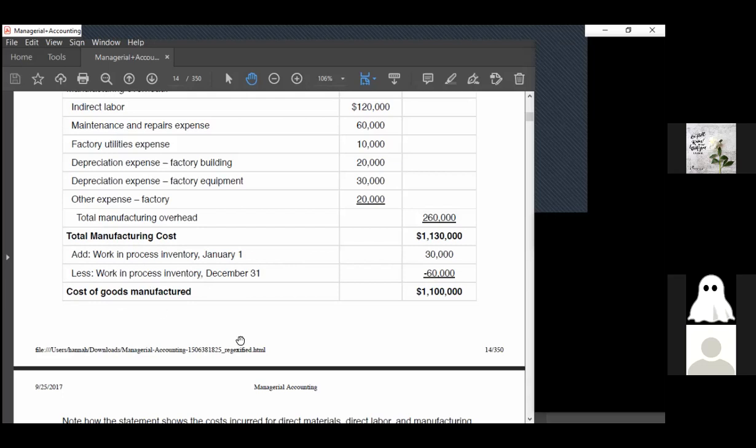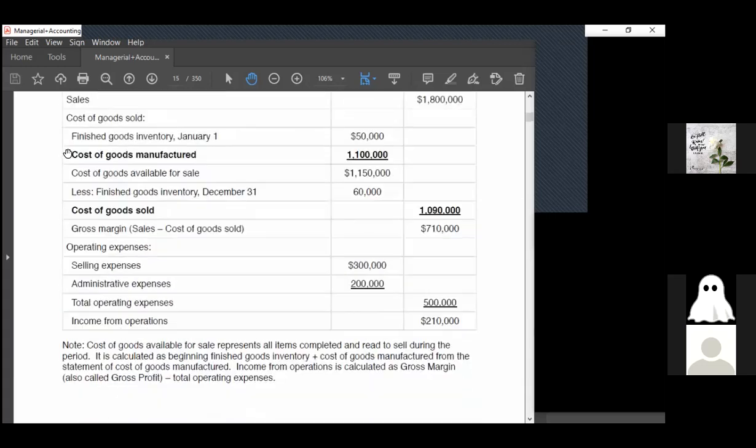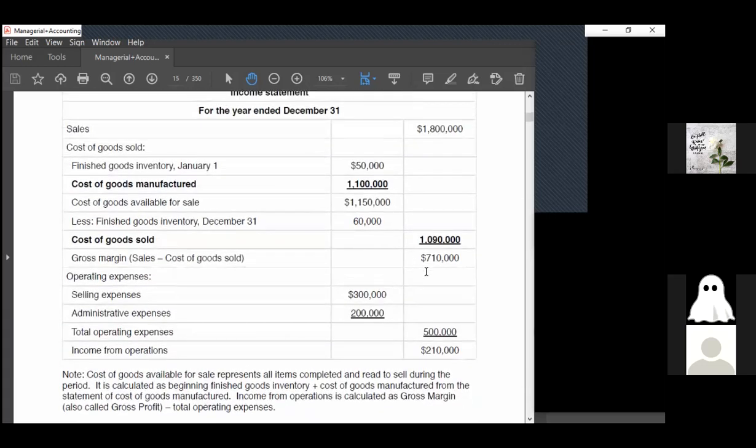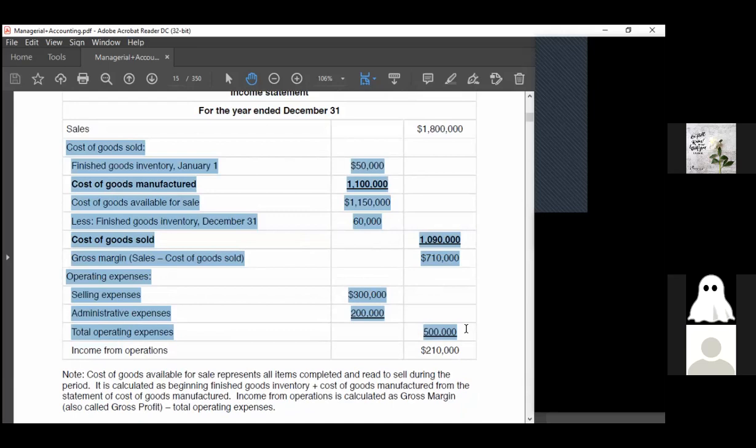Now to this statement, we can just attach this part. This much part of the statement, we can just attach it over there and we can have our total cost. But for this statement, they have separated it. So when we are solving a problem, we can solve it both ways by attaching this or detaching it.